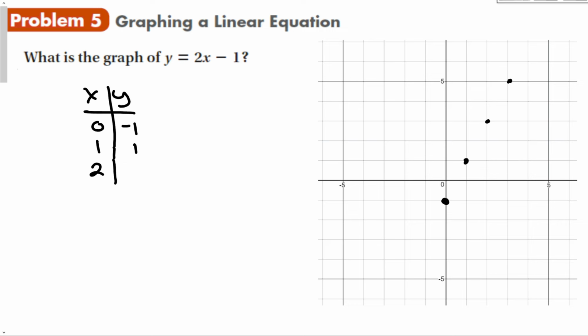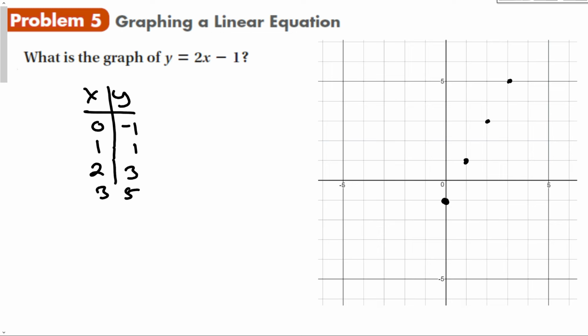If I plug 2 into this function, I would get 4 minus 1 is 3. And if we look at this graph, 1, 1, 2, 3. If I plug 3 into this function, I'm probably going to get 5, since 2 times 3 is 6, minus 1 is 5, which I do.